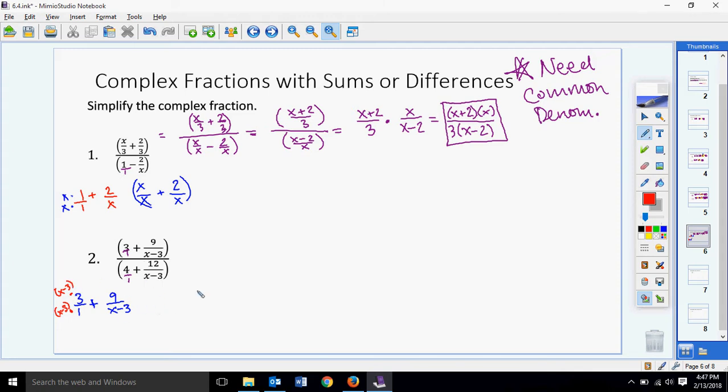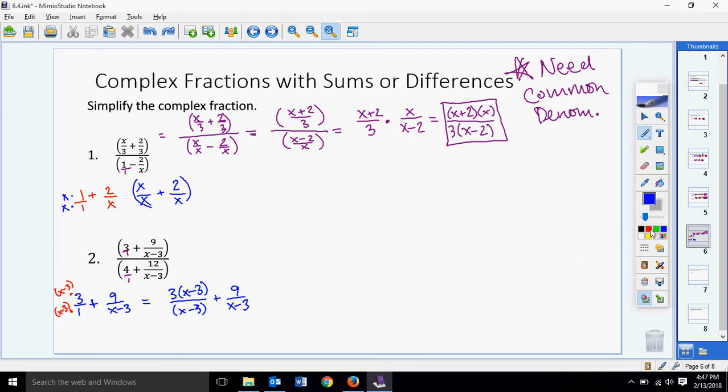And my new fraction for the numerator would be 3 times x minus 3 over x minus 3 plus 9 over x minus 3. Okay, so my first fraction is the only thing that changed. So this 3 here, I rewrote it.